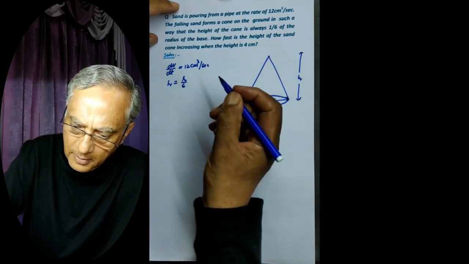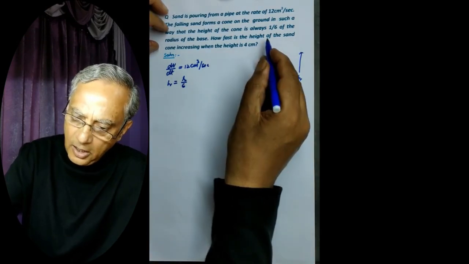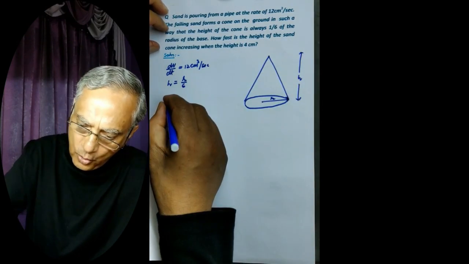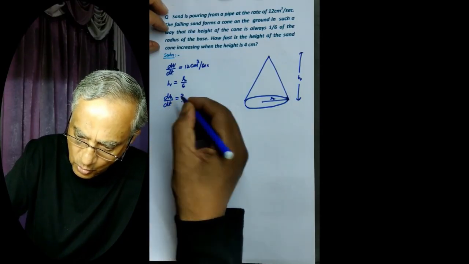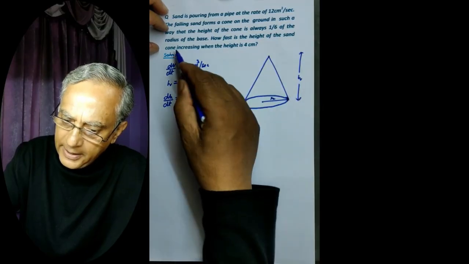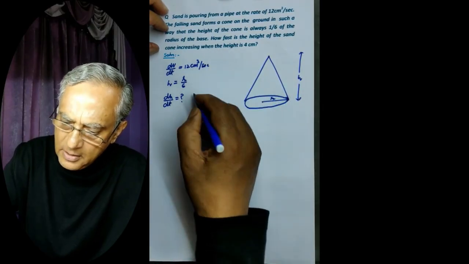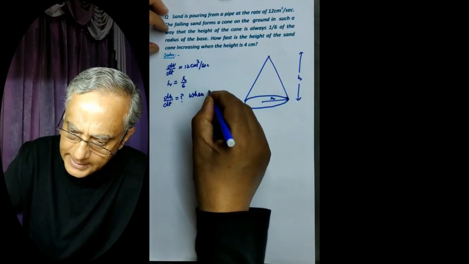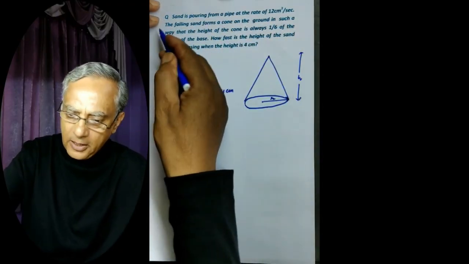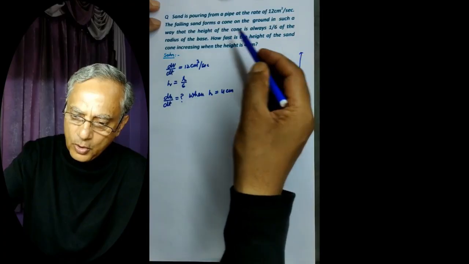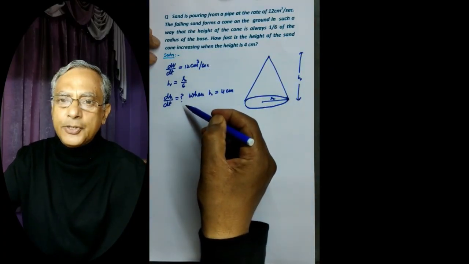This is always R by 6. How fast is the height of the sand cone increasing? dH by dt is equal to question mark, when H is 4 centimeter?